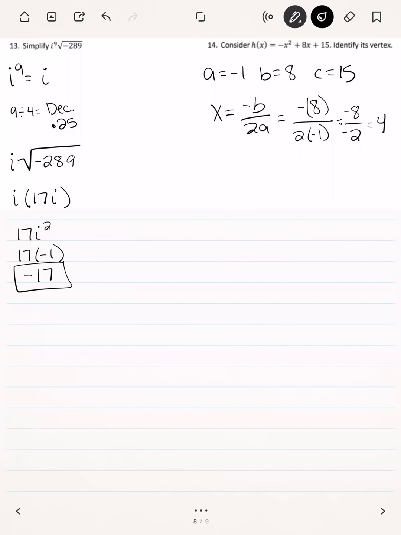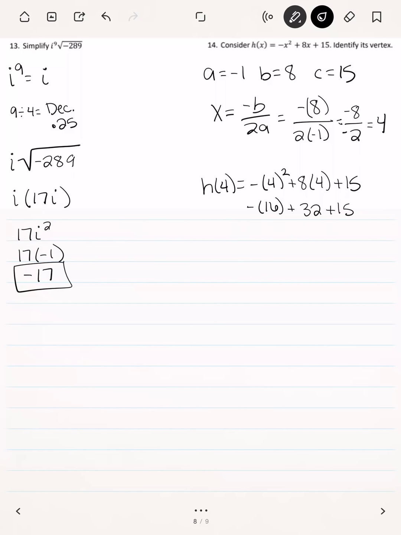That's my x value of my vertex. To find my y value, I plug it in. Please be careful when you do this because it's a negative, but I'm plugging in a 4 for x. Negative 4 squared plus 8 times 4 plus 15. So 4 squared is 16, plus 8 times 4 is 32, plus 15.